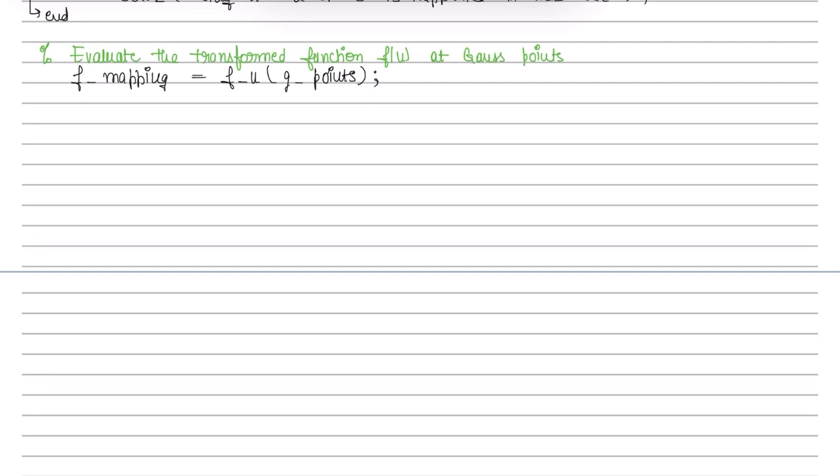Then we apply the Gauss integration formula using the variable I to store sum of weight points into the evaluated Gauss points at f underscore u. And then finally we will display the results.